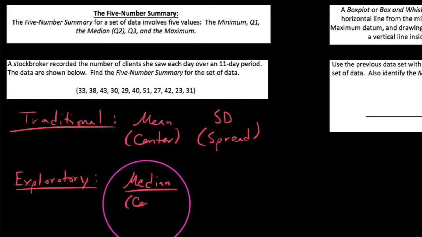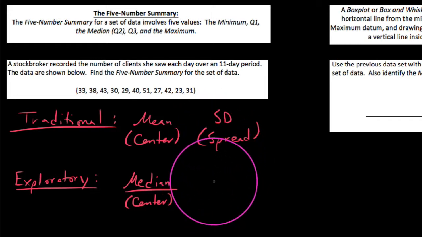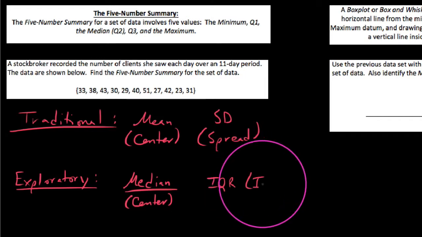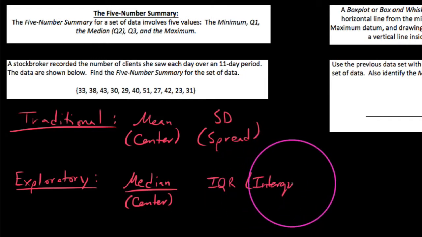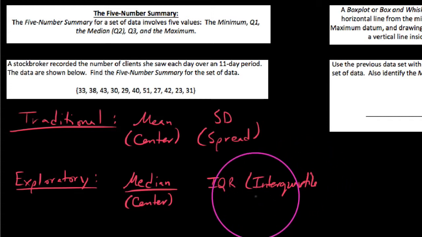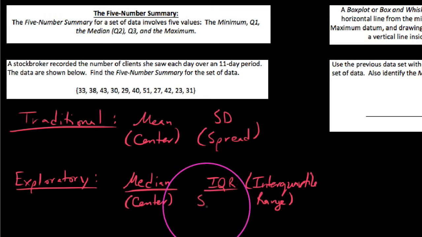This is the pure center of the data where it's located. And then also, instead of the standard deviation, we have the IQR, which is short for the interquartile range. We talk about quartiles quite a bit in statistics. The interquartile range is the range between the middle two quartiles, and this is our measure of spread.